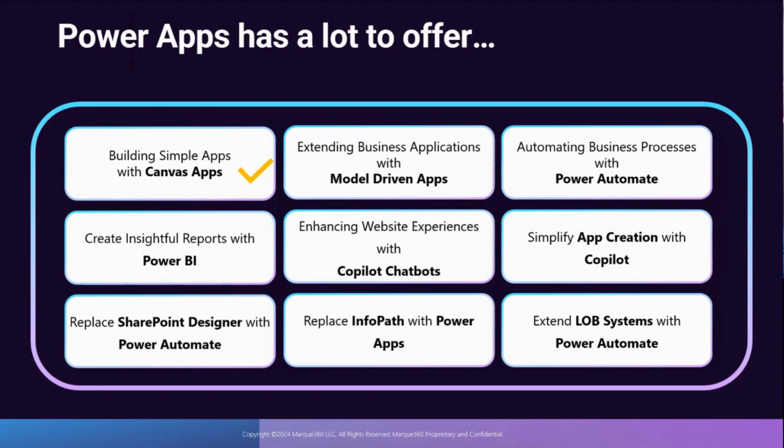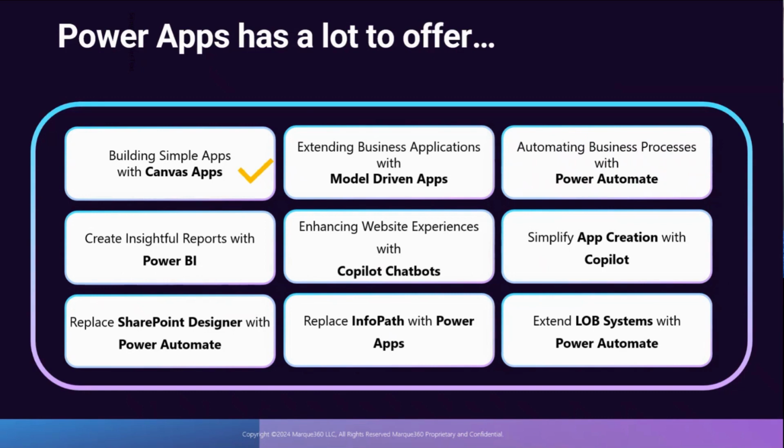We'll also talk a little bit about Copilot, which is a new AI functionality that Microsoft is launching. We'll have a session on SharePoint Designer and Power Automate. If you're using InfoPath, you'll be able to see a session about InfoPath and Power Apps. And then we'll also talk a little bit about extending the line of business applications that you might have into other applications.